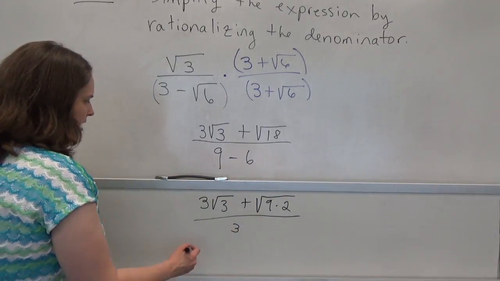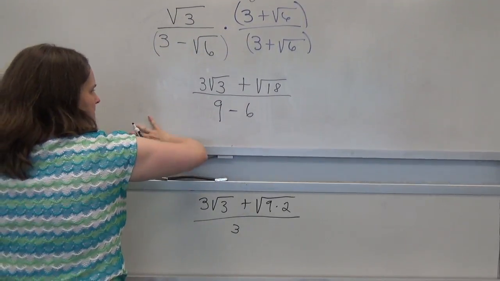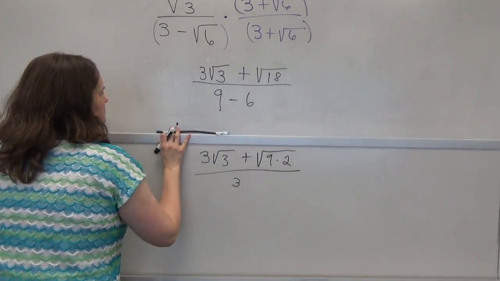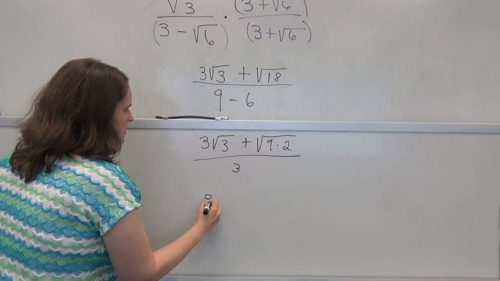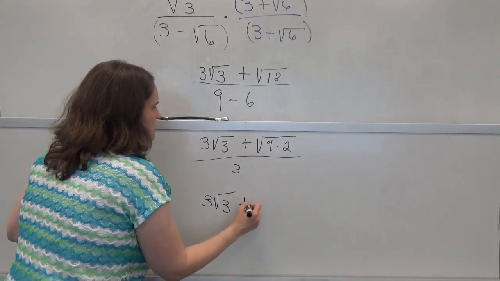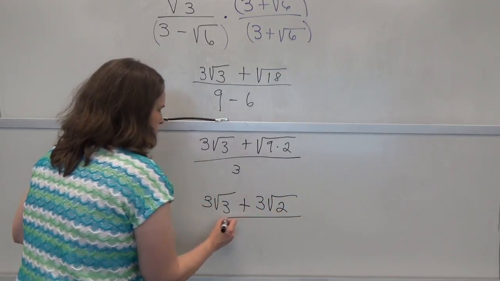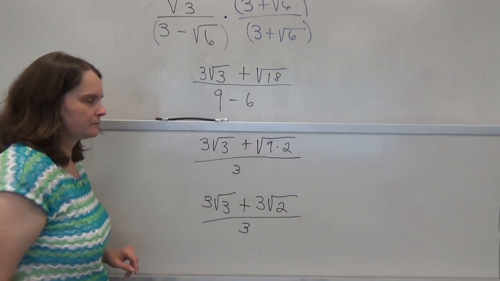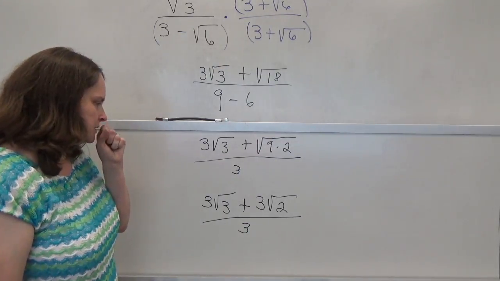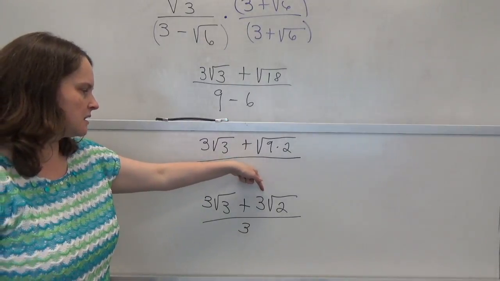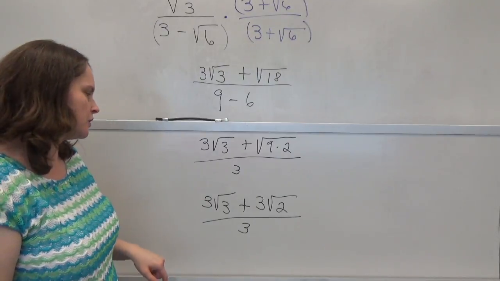All right, so now I have 3 square root 3 plus the square root of 9, which is 3, and then 2 stays inside the square root, all over 3. This is not simplified. Each of these terms has a common factor of 3, so we need to simplify this further.